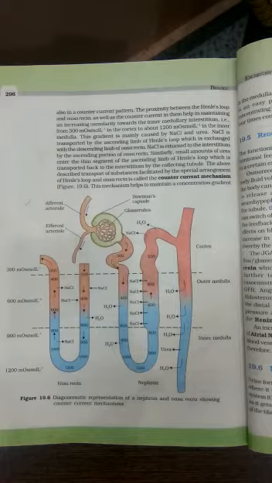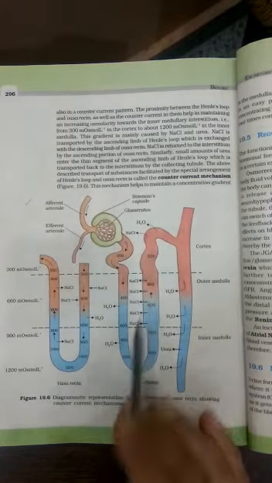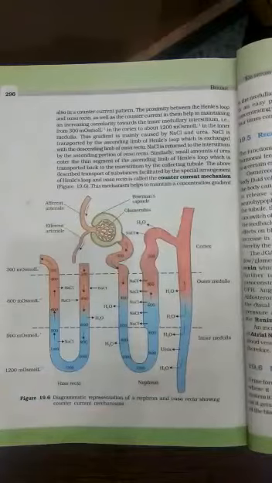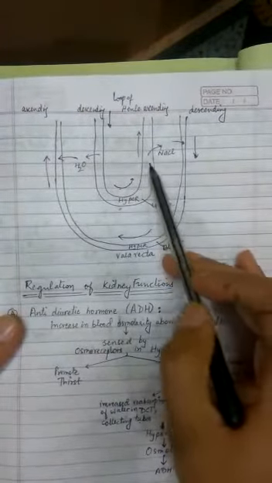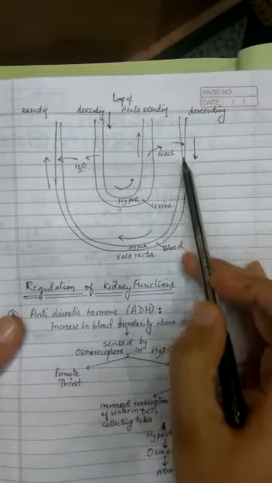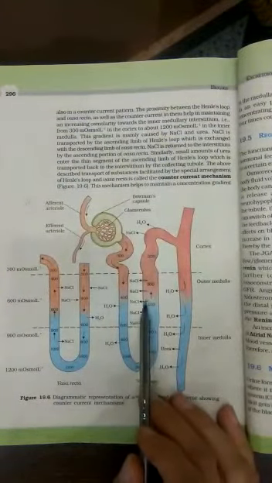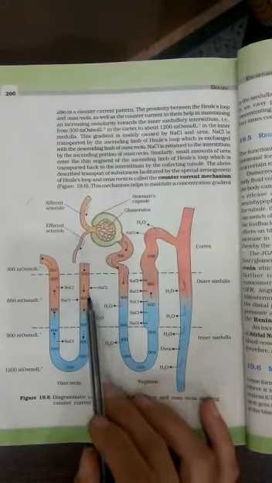This gradient is mainly caused by sodium and urea. So you can check here, sodium moves out. We have already covered this in the notes also. The sodium moves out of the ascending limb of the loop of Henle, and it goes into the descending limb of the vasa recta. So you can see the same movement going on here. Sodium moves out and it enters into the limb of the vasa recta.